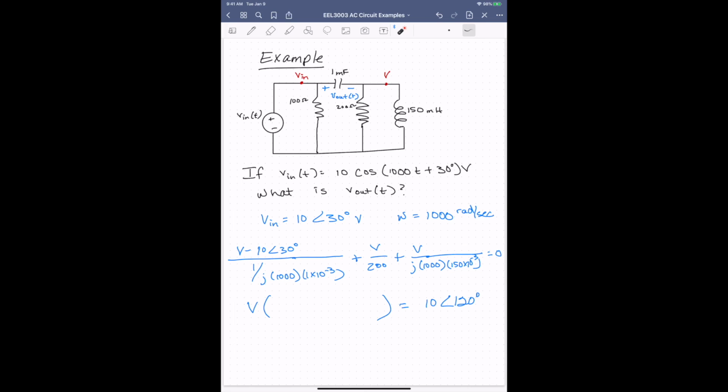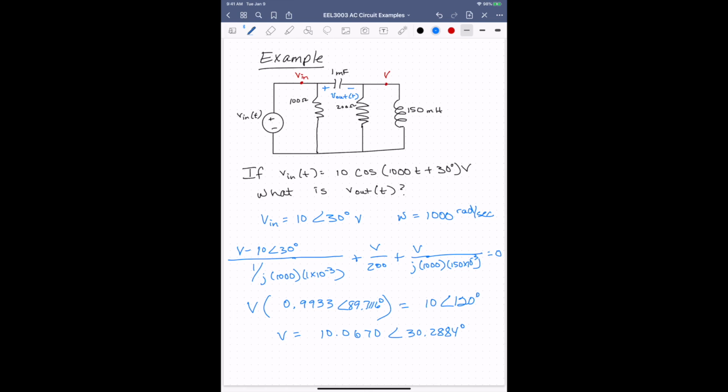When I do that calculation, I end up with 0.9933 at an angle of 89.7116 degrees. Okay, then we solve by dividing 10 at an angle of 120 by this number, and I end up with 10.0670 at an angle of 30.2884 degrees, and that's of course in volts.